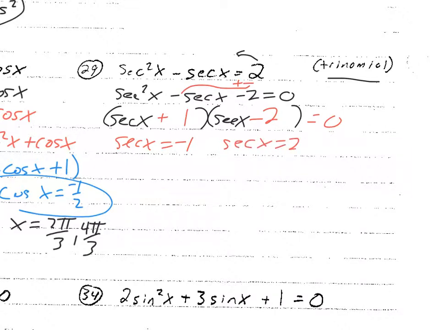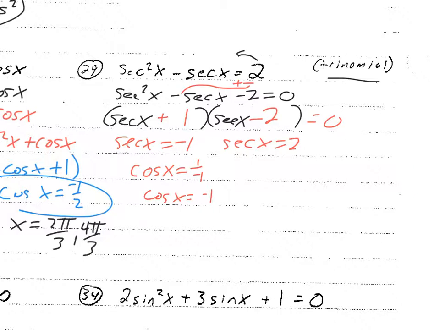Now I can't look up secant on the unit circle, so I want to know the reciprocal of secant. And the reciprocal of secant is the word cosine. So the cosine of x is going to equal, now I have to have the reciprocal of negative 1, and that would be 1 over negative 1, which would still be cosine of x equals negative 1.